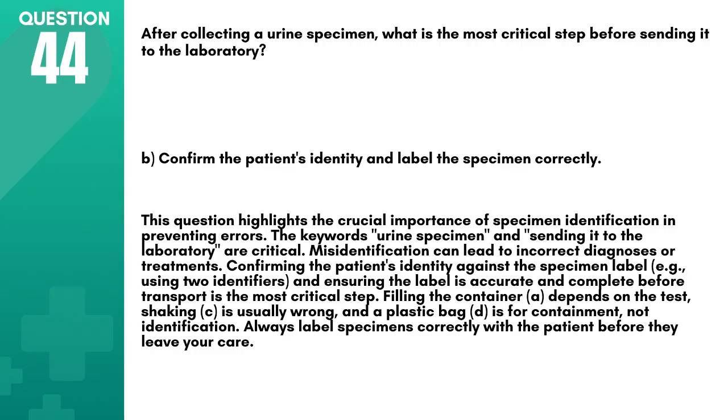Confirming the patient's identity against the specimen label, e.g., using two identifiers, and ensuring the label is accurate and complete before transport is the most critical step. Filling the container, A, depends on the test. Shaking, C, is usually wrong, and a plastic bag, D, is for containment, not identification. Always label specimens correctly with the patient before they leave your care.